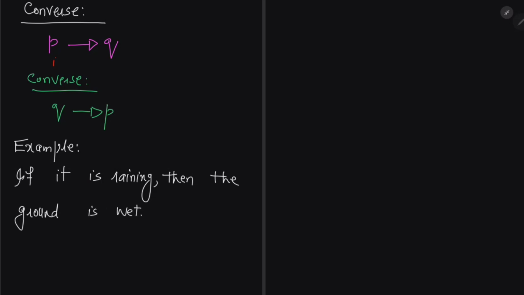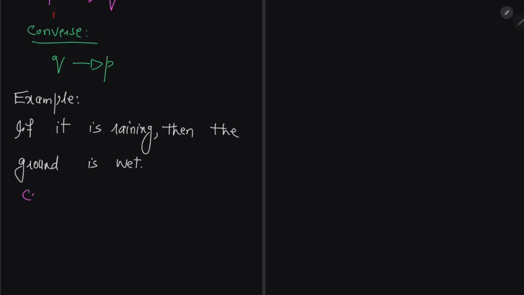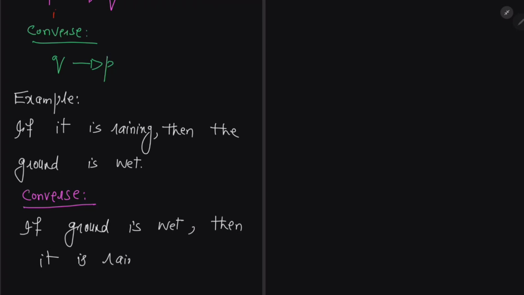First we make a converse of this conditional statement. For the converse, we write: if the ground is wet, then it is raining. This is its converse.